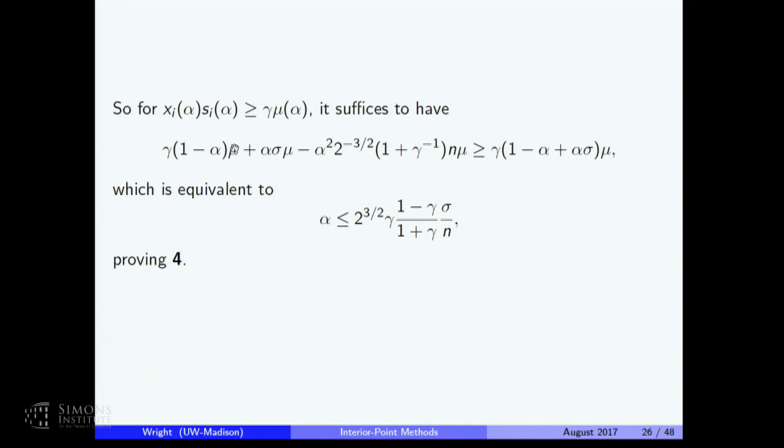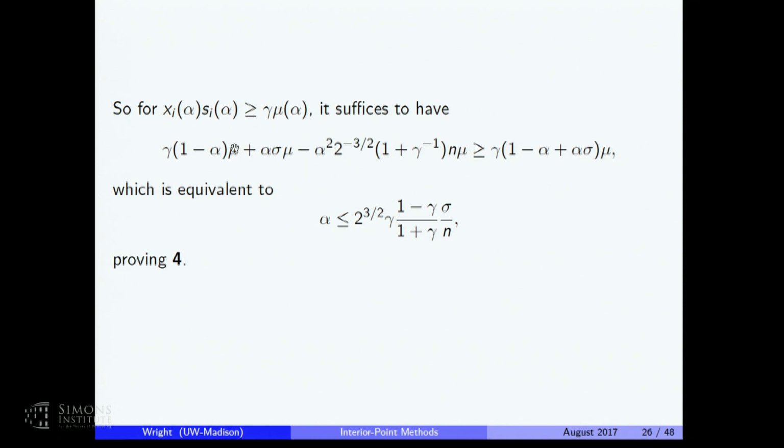When gamma is small, the leading term in that expression, gamma, is going to be dominant, so gamma small will make this upper bound small, which is a little bit counterintuitive. The sigma is the factor of decrease you're trying to get out of this step. If you're trying to be really aggressive and go from mu to mu over 10 or mu over 100, so sigma is 0.1 or 0.01, then you won't be able to move very far because you're targeting a point close to the solution.